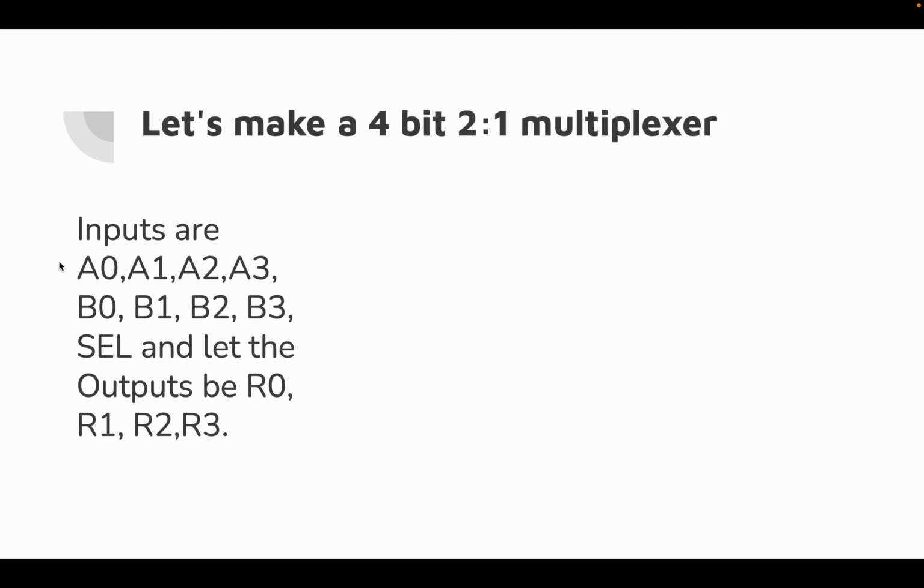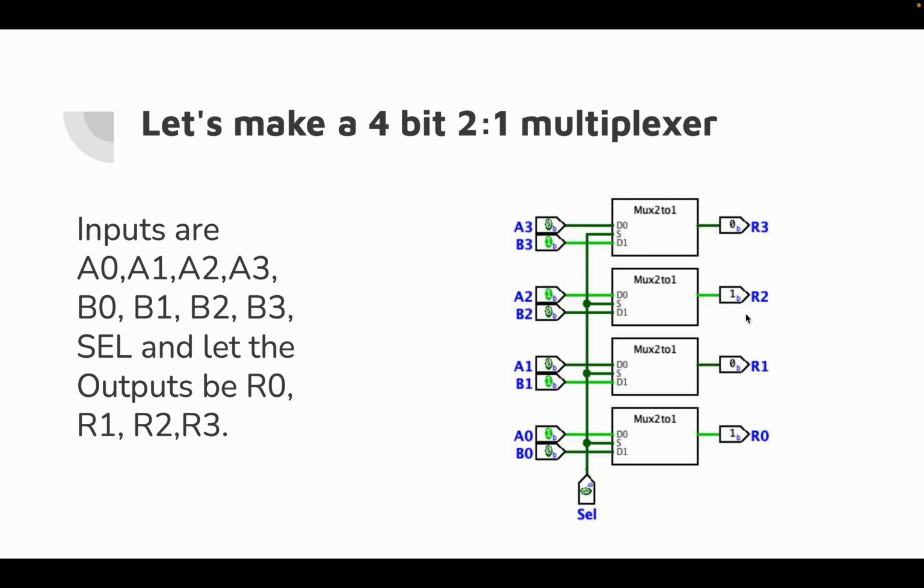So we have our A inputs going to be A0, A1, A2, and A3, while our B inputs are going to be B0, B1, B2, and B3, and our selection is also going to be an input. And our outputs are going to be represented with a different value, which is R0, R1, R2, and R3. So what that'll look like is it'll be looking like this.